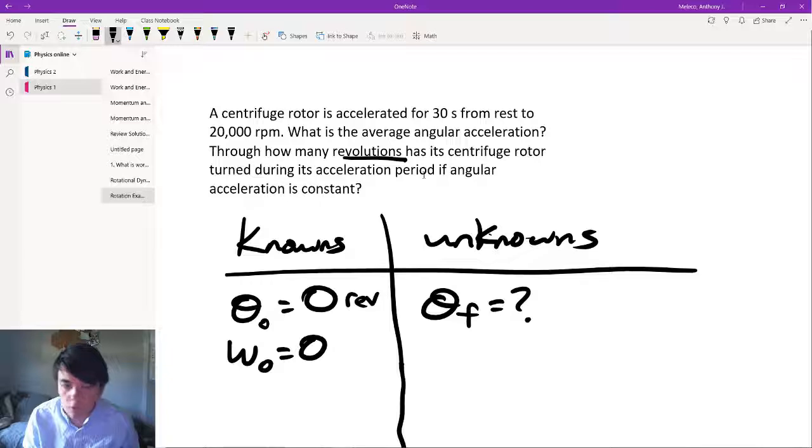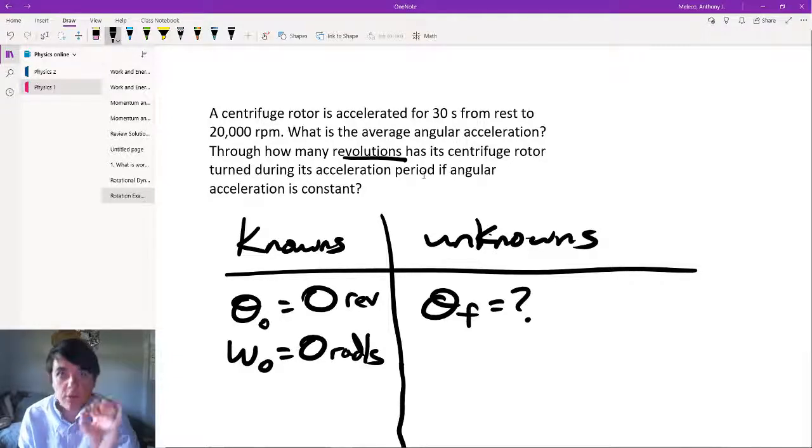And again, we don't know anything about the unit here yet, but typically your omega value will be in radians per second. If you're talking about frequency, it will be revolutions per second. So if it's a frequency, it's in terms of revolutions. If it's omega, it's in radians per second, and you'll see what I'm going to do there. Omega final, we don't know either.